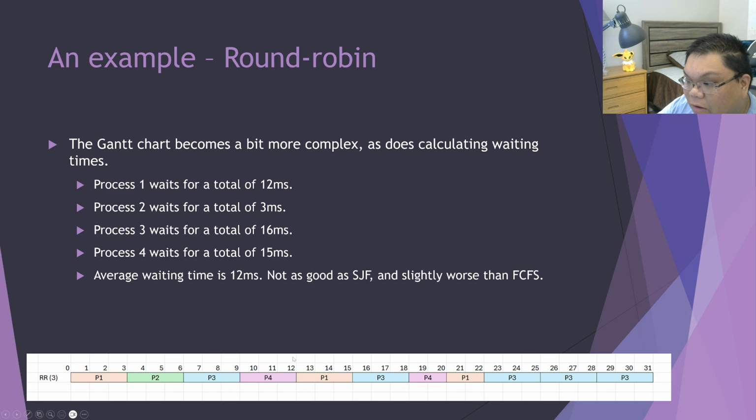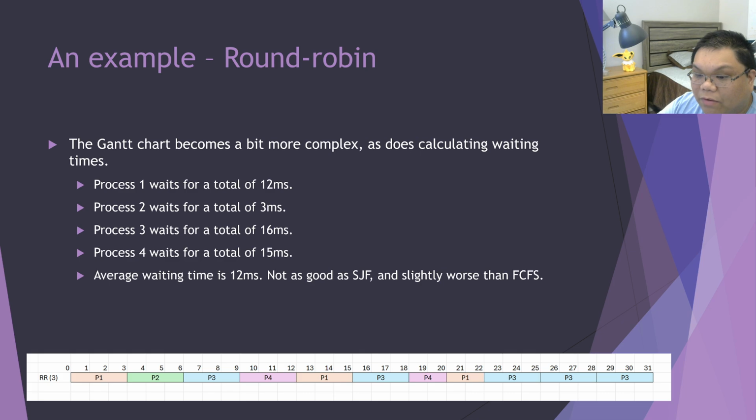Process 4 had to wait for 15 milliseconds, so 9 milliseconds the first time, and then 6 milliseconds the second time, so a total of 15 milliseconds. The point is, we now have a different average waiting time that is not as good as shortest job first, and slightly worse than first come first serve.